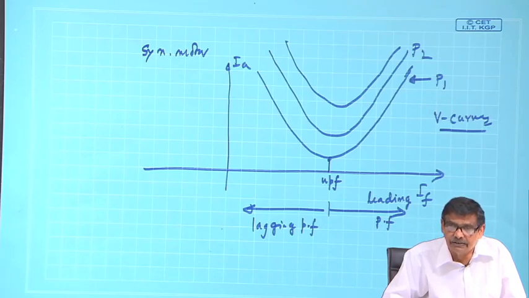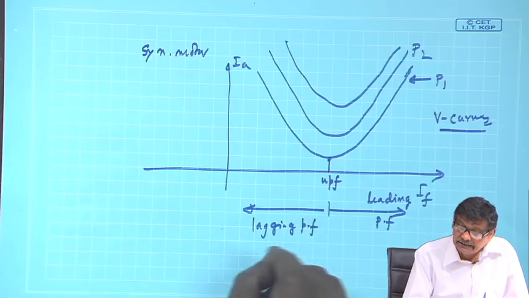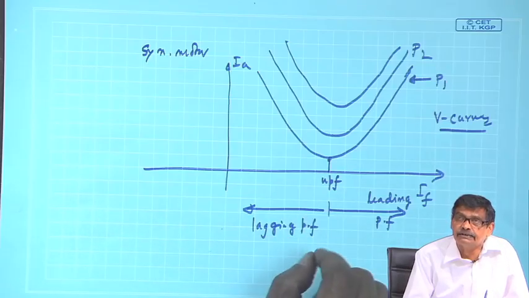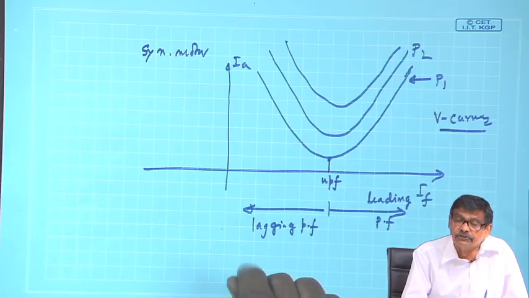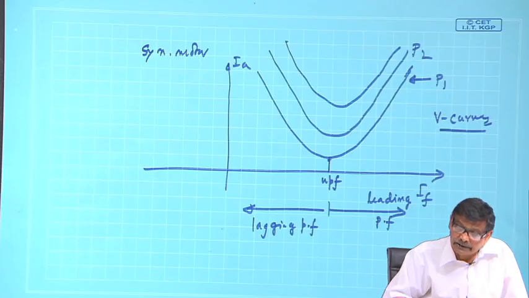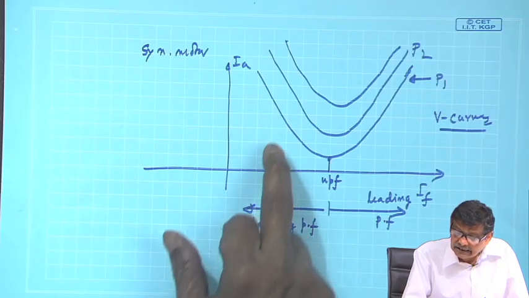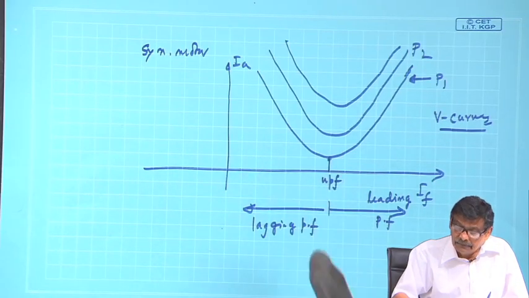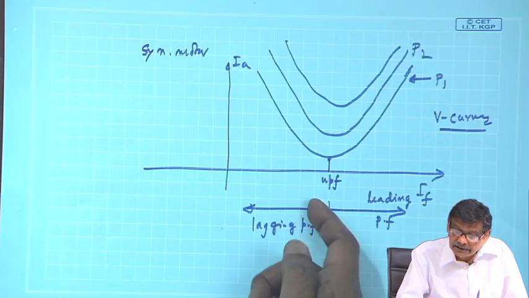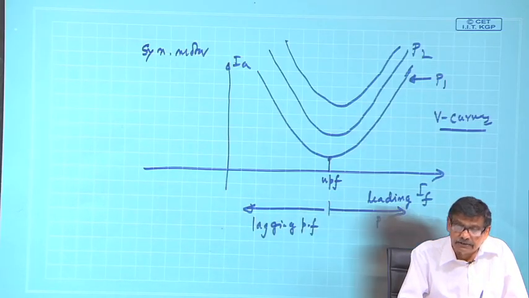So, that thing is also confirmed. Under that condition, if you vary the field current, that is the resistance controlling the DC current of the field winding, you will see that armature currents will change. It will be minimum at unity power factor, otherwise it will vary.